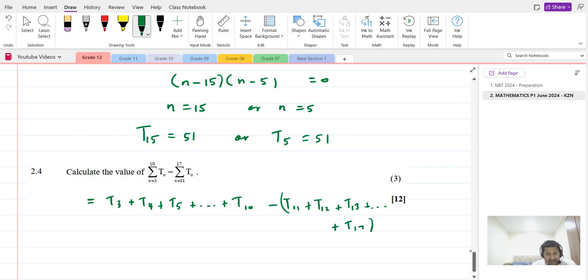How many terms are we adding here? 10 minus 3 is 7, plus 1. We are adding 8 terms here, and we're subtracting 17 minus 11, that is 6, plus 1, 7 terms.